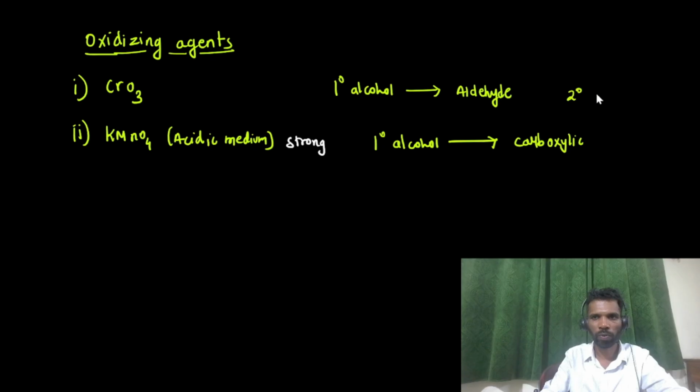Here also, the same: secondary alcohol will be converted to ketone. So don't worry about the secondary alcohol. There is only one possibility, from secondary alcohol to ketone, right?